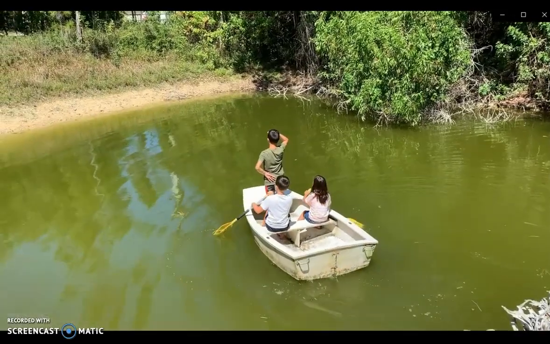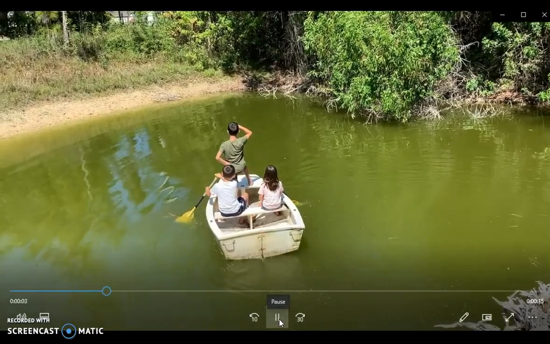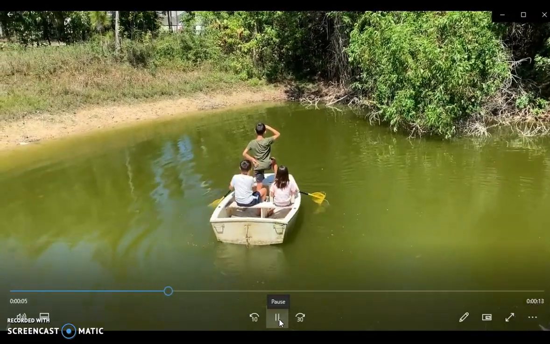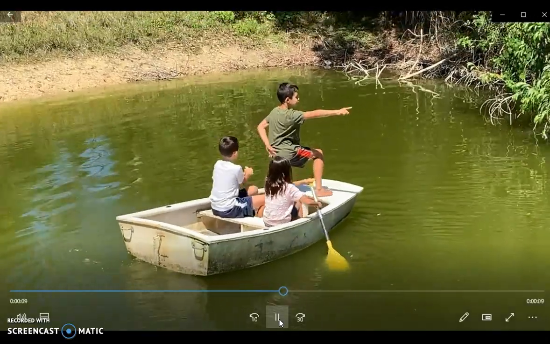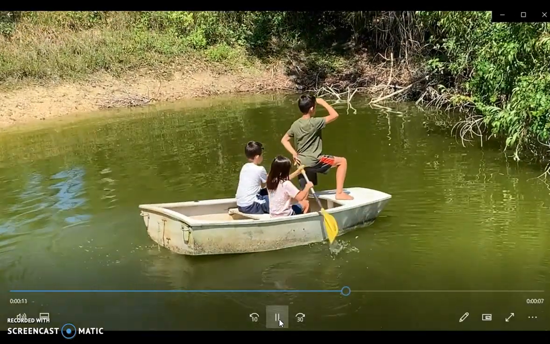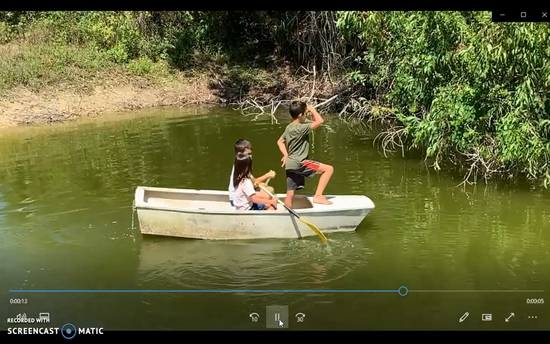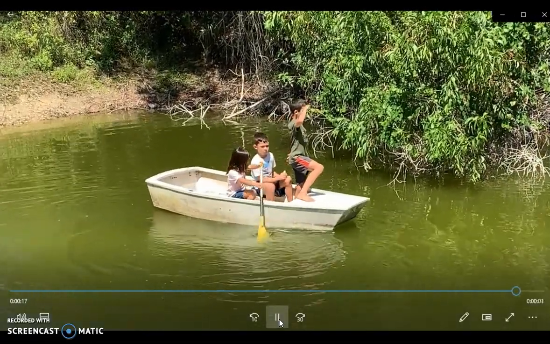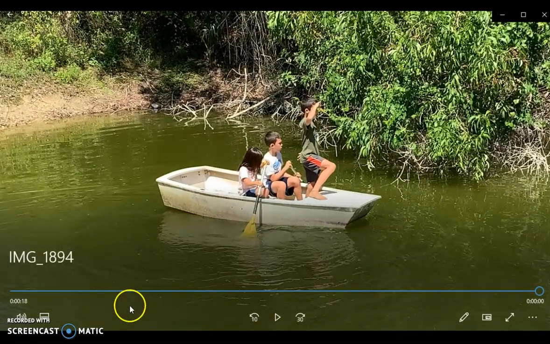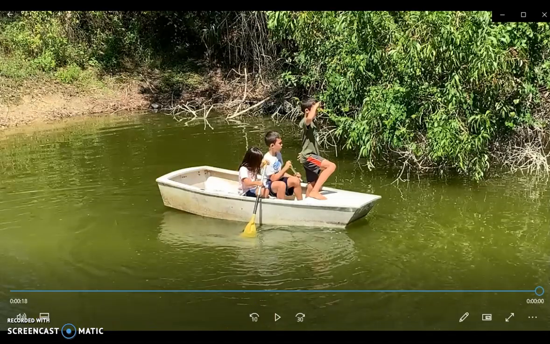If you look, in order to get them to turn, Gunnar is paddling harder than Sophia is, so it's turning the boat. So he's applying more force to it, but the application of force is backwards in order to get them to move forward. So let's look at another example like that, and you explain to me what is happening.